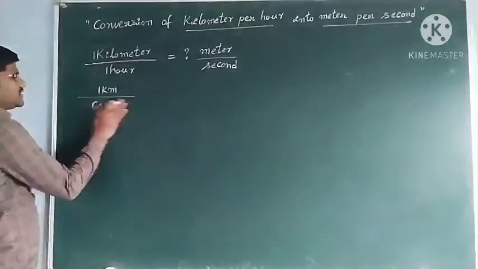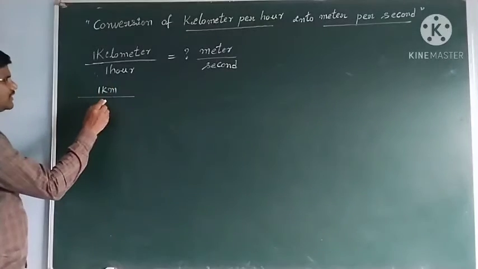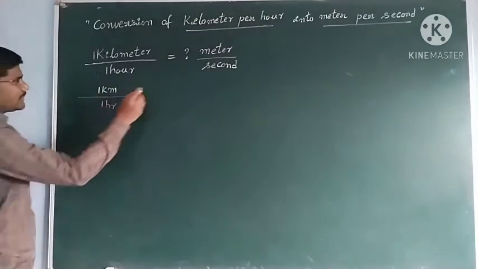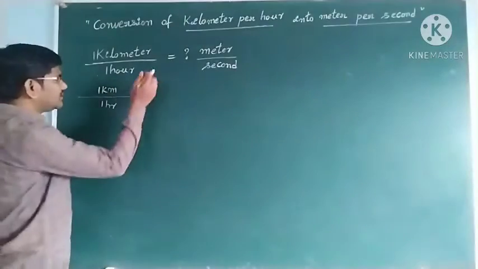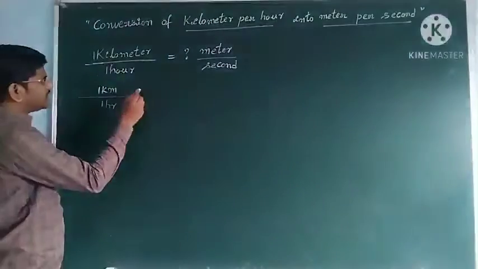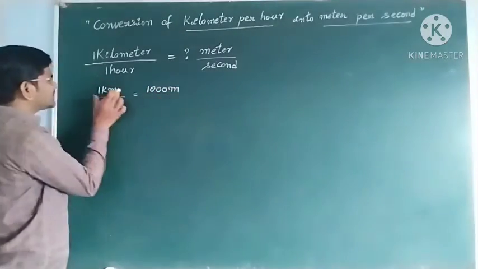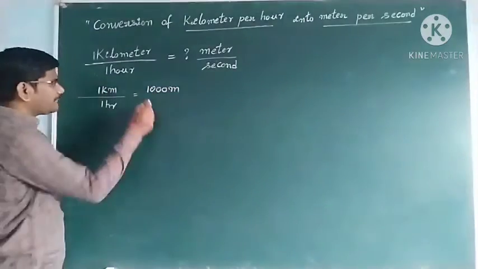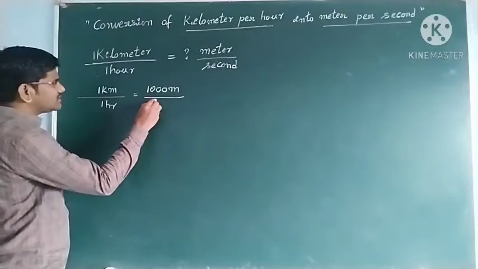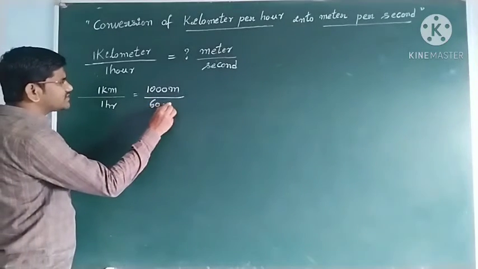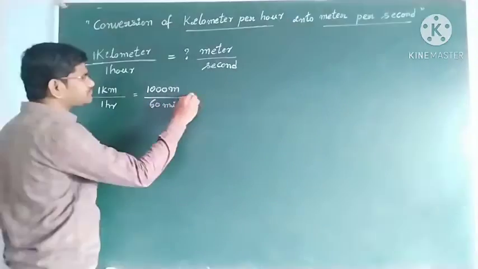Okay, students, see, 1 hour simply we write it as 1 HR. So 1 kilometer means we just write here 1000 meters. 1 kilometer is 1000 meters, we know, and 1 hour means 60 minutes.